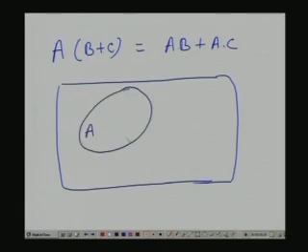This is A, okay, let me erase it. Let me call it B.